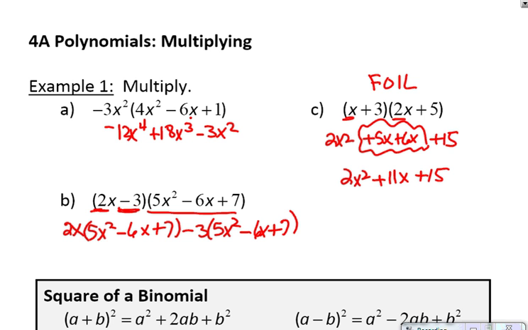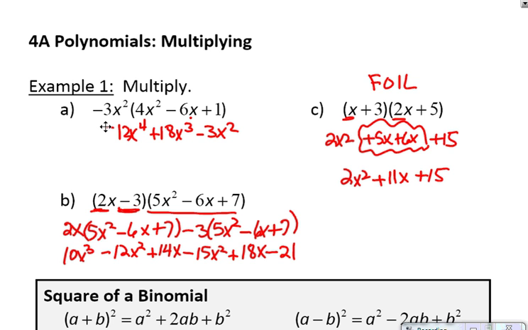And when I multiply this, I'm going to get 10x to the 3rd minus 12x squared plus 14x. Now I need to make sure that I distribute the negative 3, not just 3, but negative 3. So it's going to give me negative 15x squared, then a negative times a negative is positive 18x, and then negative times positive is negative 21.